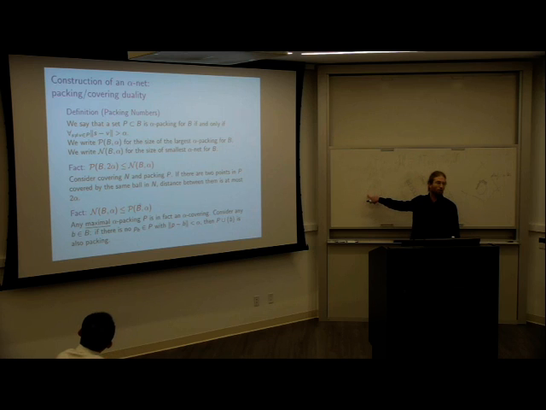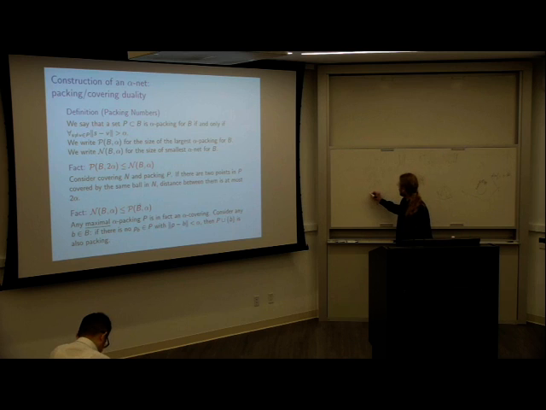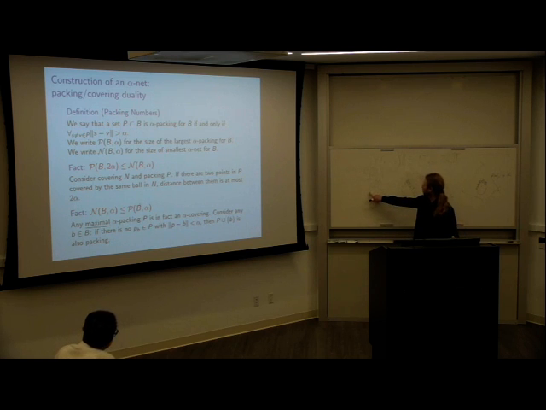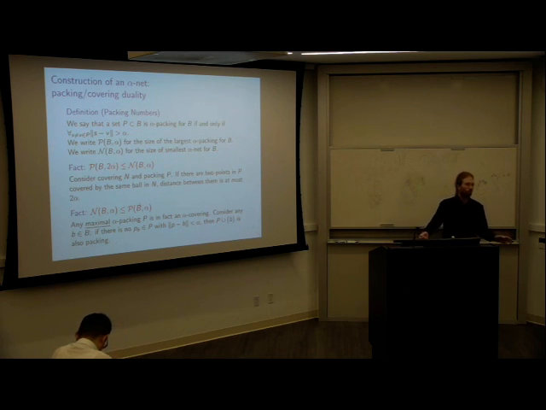I cannot add any more points here, because a ball centered here would not be disjoint from whatever I have. So for any point, I cannot add a ball centered at this point. This means that this ball wouldn't be disjoint from something, which means that the distance from the center to the other center would be bounded by alpha.